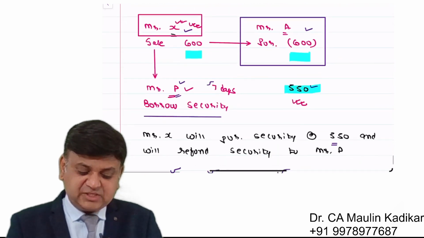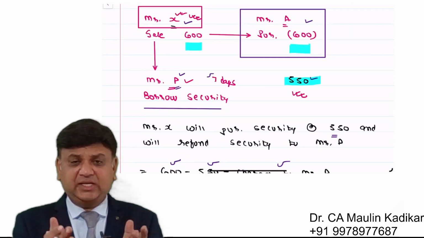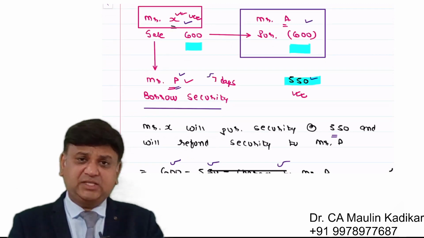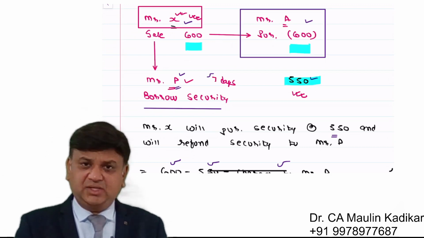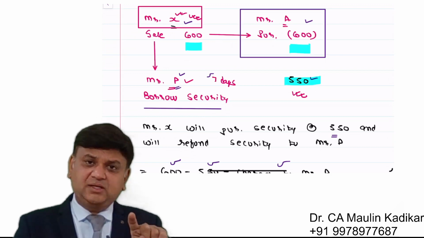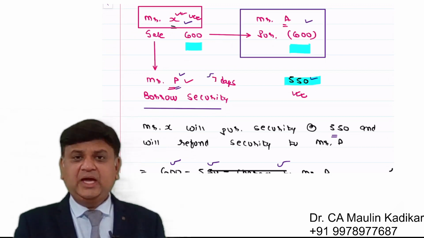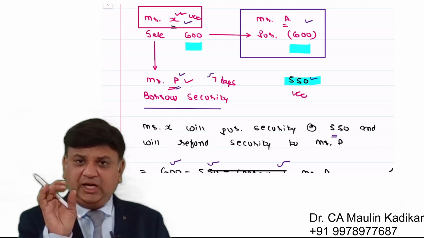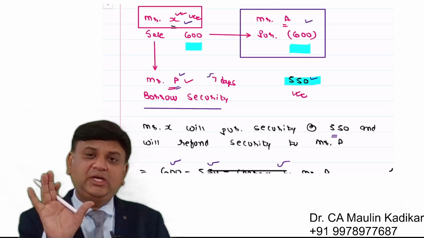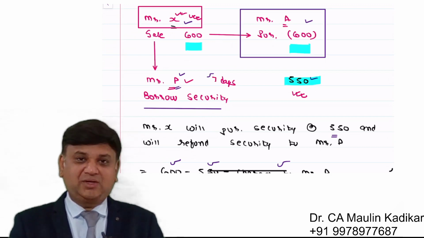That is the way Mr. X can take advantage of the borrowing system which is there in the market. It is called borrowing of the stock transaction. In which circumstances will a trader enter into borrowing of the stock transaction? If a trader has entered into a naked short position and he is expecting that the price will definitely fall down, then in order to have more time for the price of the security to fall, he can enter into the transaction for borrowing of the stock.